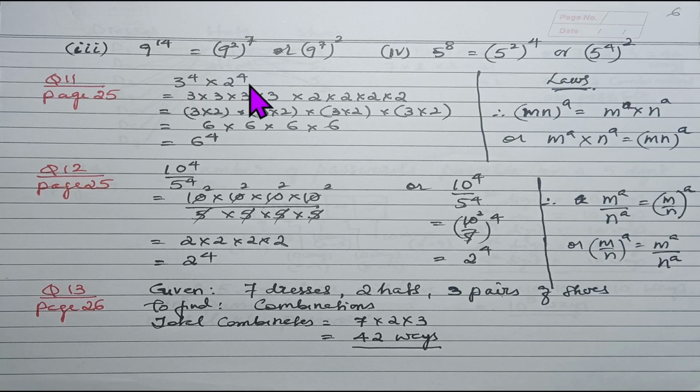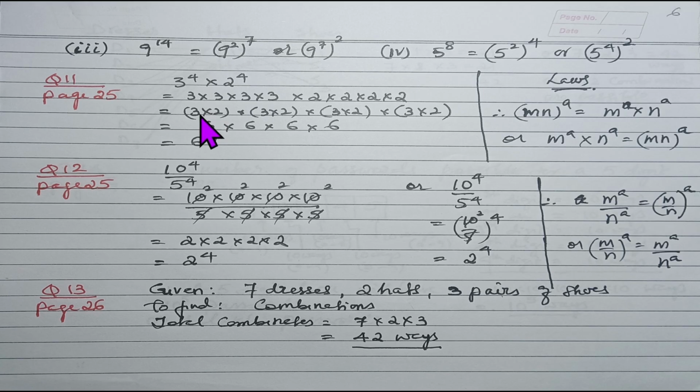Now coming to 3 raised to 4 into 2 raised to 4, the powers are 4 and 4. Base is 3 means 3 is multiplied 4 times here, 2 is multiplied 4 times here. Now I can take one 3 and one 2, that is 3 into 2, second 3 and second 2, that is 3 into 2, third 3 and third 2, that is 3 into 2, fourth 3 and fourth 2, that is 3 into 2. So we've got four 3s and four 2s.